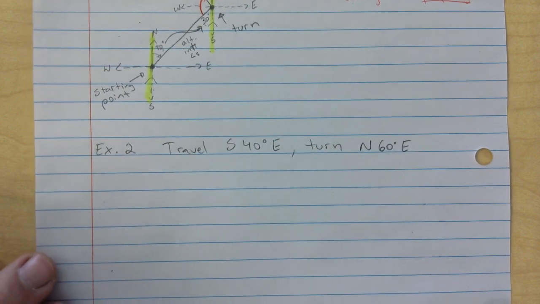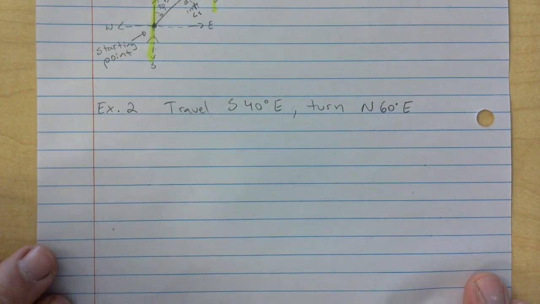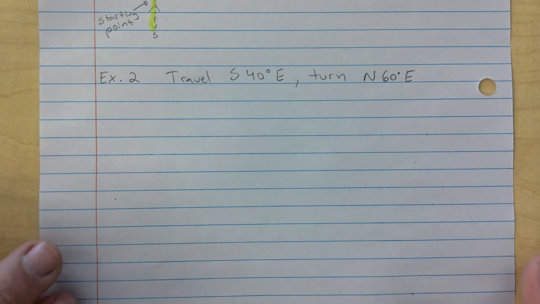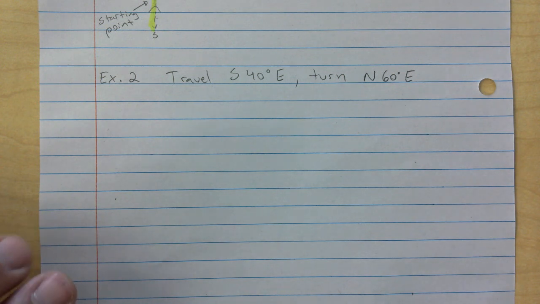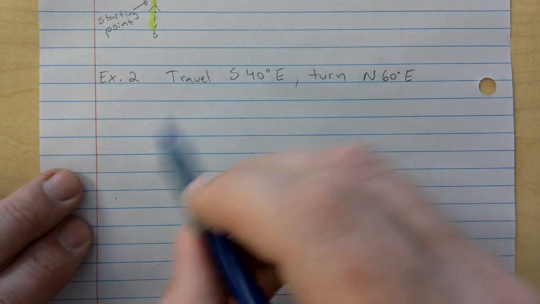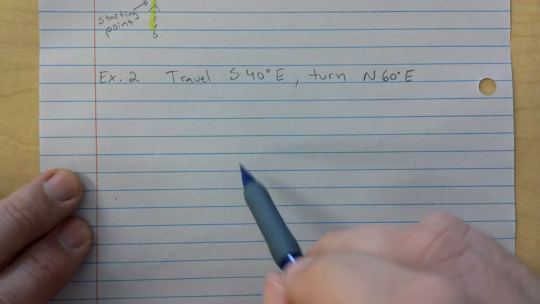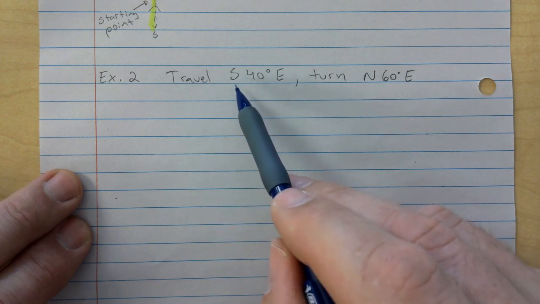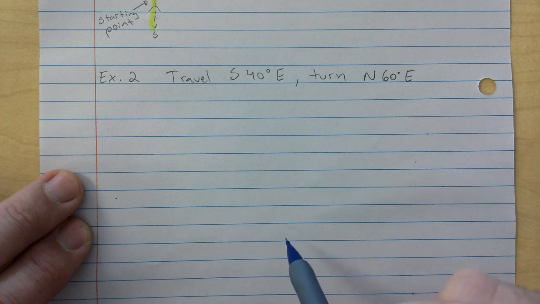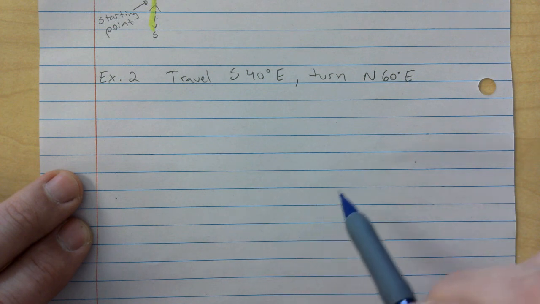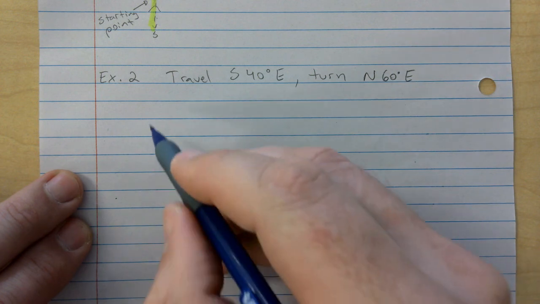What would that look like? You travel south 40 degrees east, and then you turn and you go north 60 degrees east. So it doesn't matter where you go, but you're going to go southeast. So southeast is you're going in this direction. And then you're going to go northeast. So I'm going to start up here.